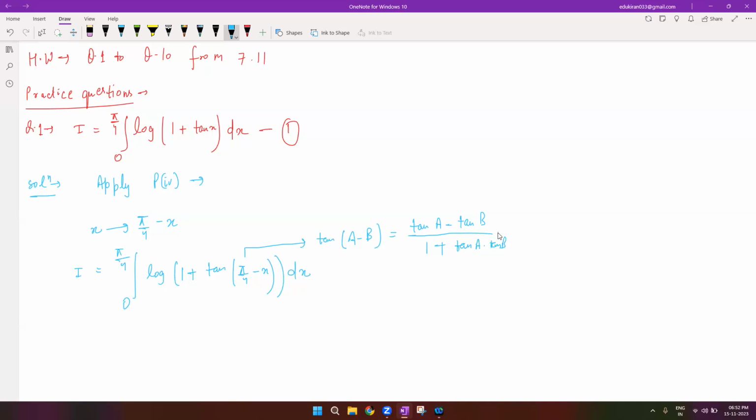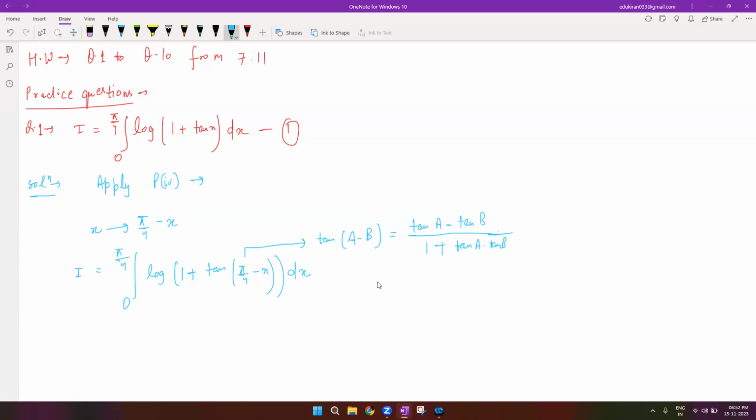So in this case, the question becomes important because it is also using a trigonometric identity. Can you simplify this using the formula? Here a is pi by 4 and b is x. So it should be tan pi by 4 minus tan x divided by 1 plus tan pi by 4 into tan x.